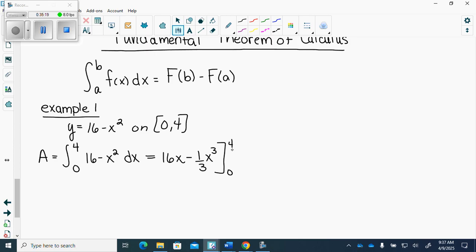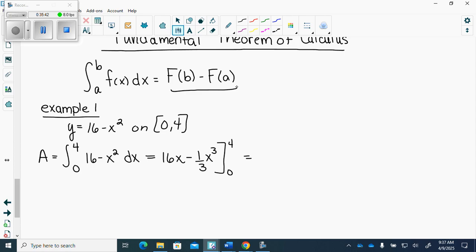If we kept the integral symbol, we would say that we have to take the antiderivative of it, right? But we did take the antiderivative, but we still have to show that we're going to put 0, 4 in. So we do this interim step where we put 0, 4 behind. And then the fundamental theorem of calculus says if I take F of 4, so if I take the antiderivative and plug in a 4, and I subtract, take the antiderivative and plug in a 0, I'll get the answer. So let's try it out.